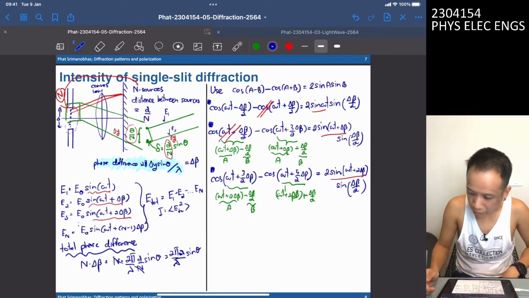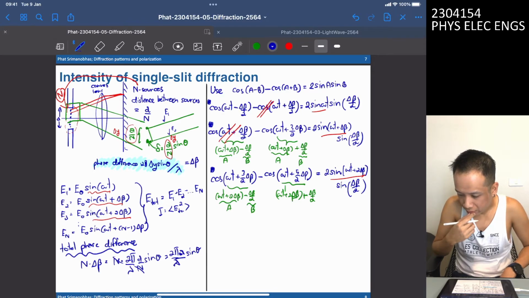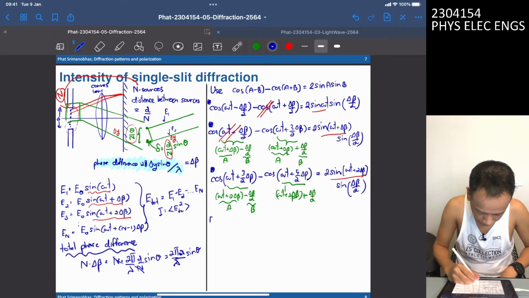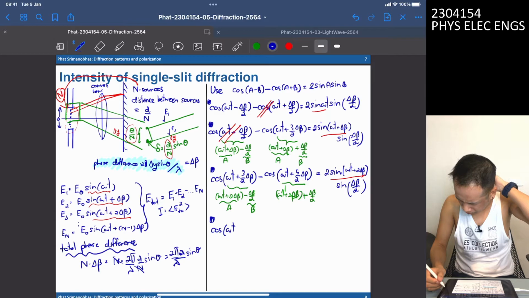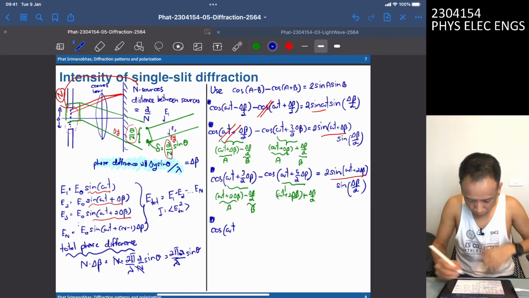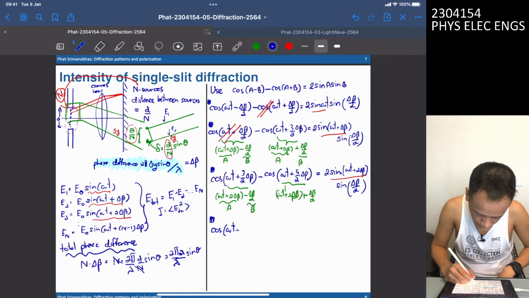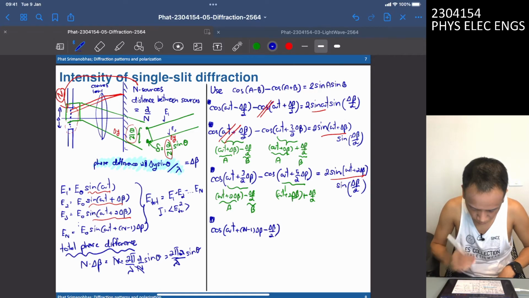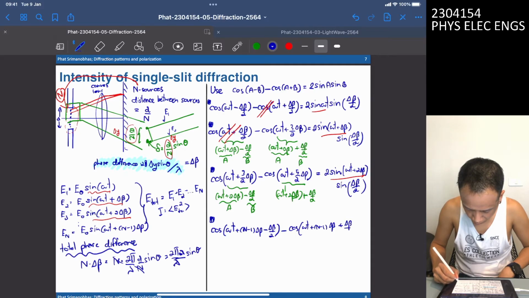So what is the final term of this one? You can write the last term as cosine of omega t plus n minus 1 delta beta minus delta beta over 2, minus cosine of omega t plus n minus 1 delta beta plus delta beta over 2.